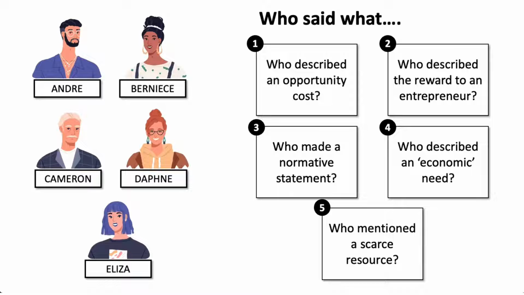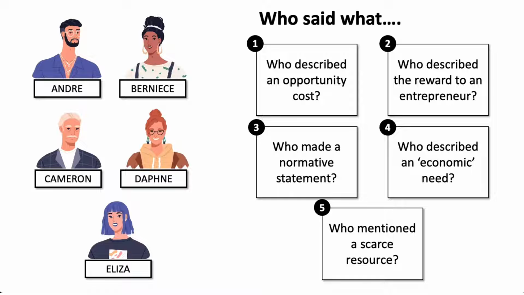So Bernice was talking about an opportunity cost. Not everyone agrees. It's really tricky, this one, isn't it? Just a bit of a prompt. Bernice is the one that said, I can't go on holiday because I'm saving up for a car. So lots of people now thinking that's 1.